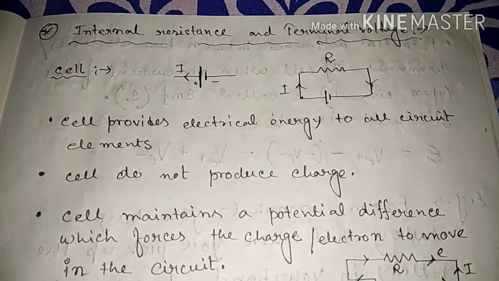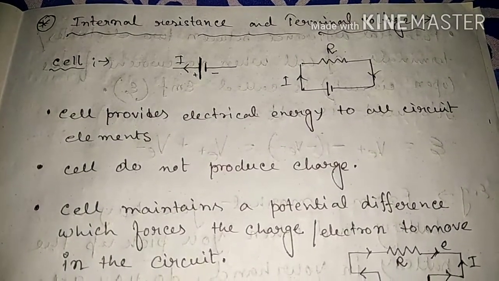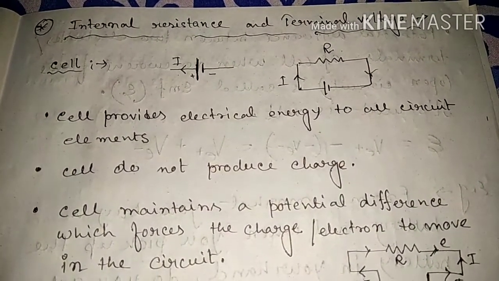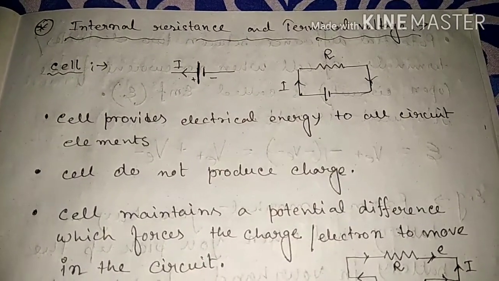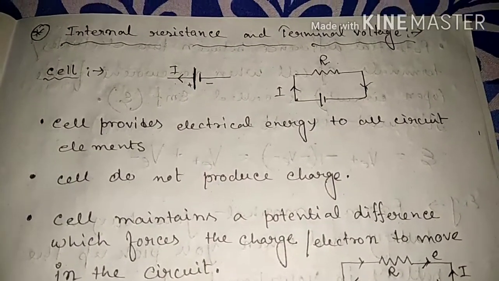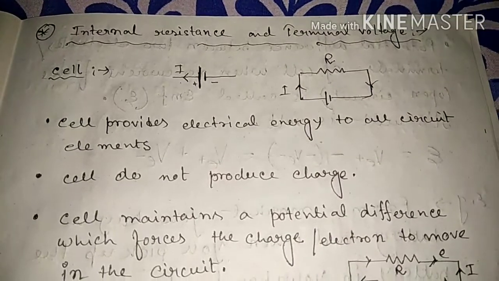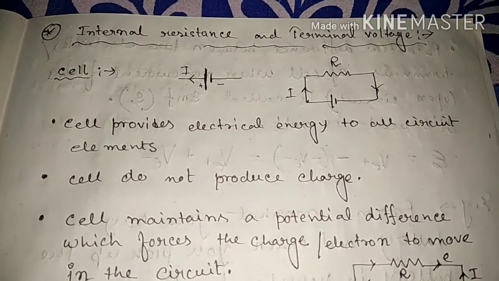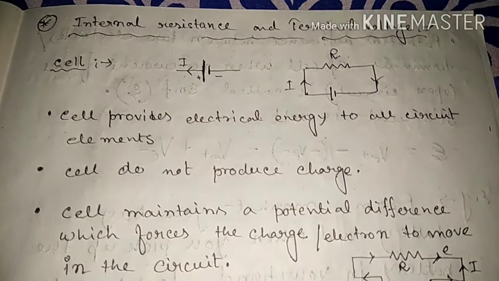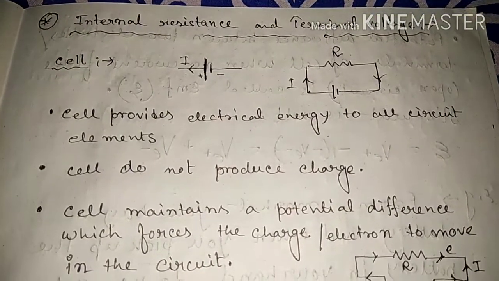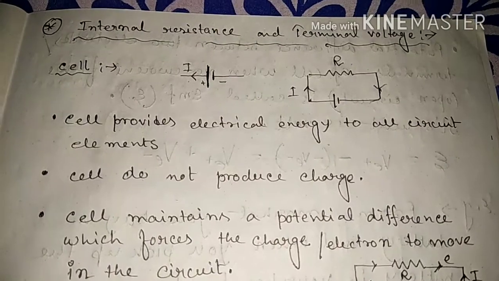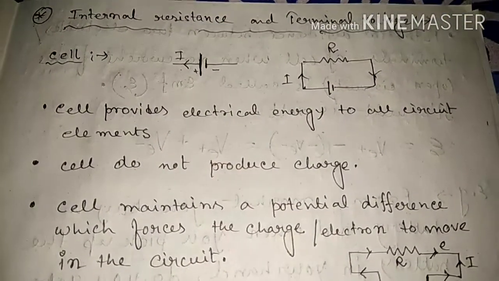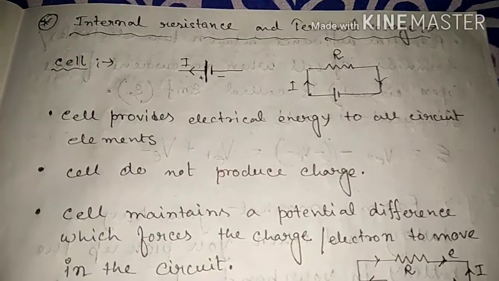That means in our mind we can think that inside the battery charge or electric current is produced, but this does not happen inside the battery or the cell. Cell does not produce the charge. Cell or battery only maintains the potential difference, and provides the energy.